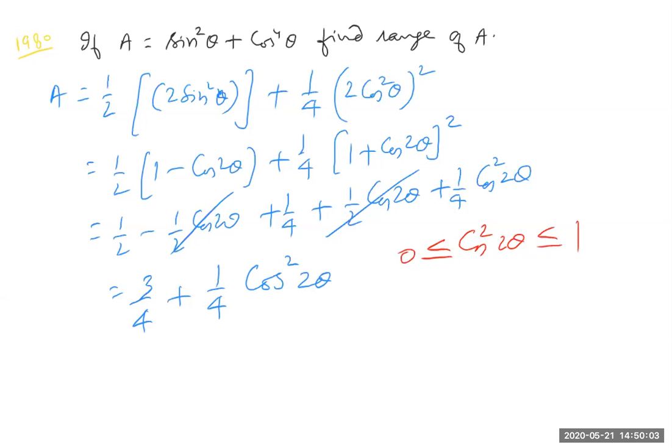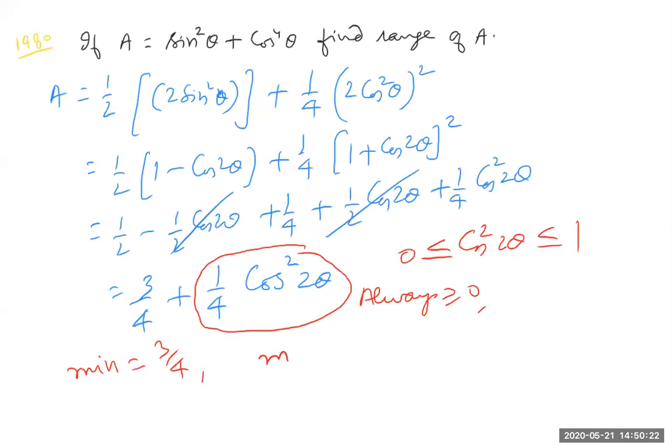In this I am adding, this quantity 1 upon 4 cos square is always greater than 0. So what is the minimum value I can add? 0. So minimum is 3 upon 4.